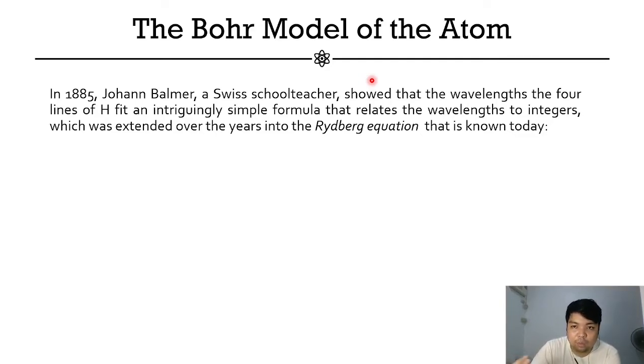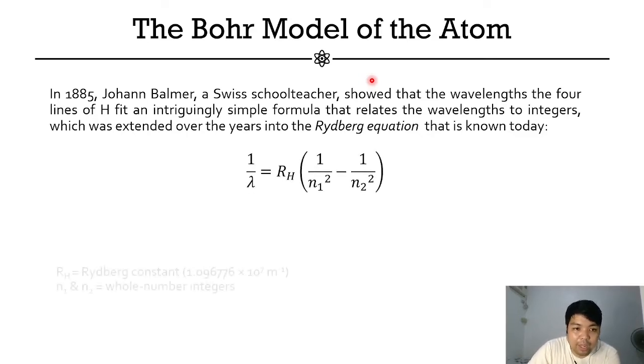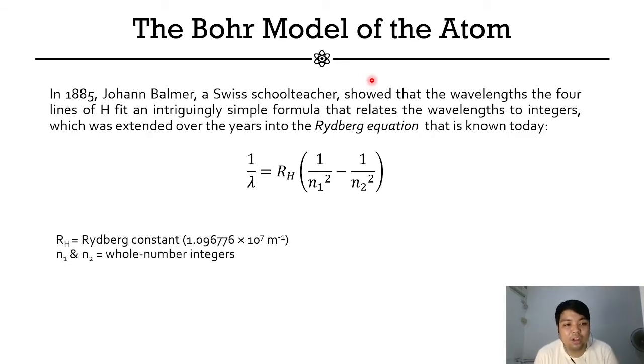It is called the Rydberg Equation today. In this equation we introduce a new constant, the Rydberg constant, which equals 1.096776 times 10 to the 7th per meter, and n1 and n2 are the whole number integers described by Johann Balmer.